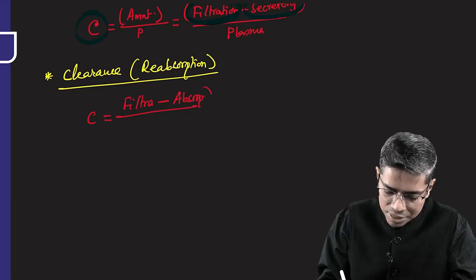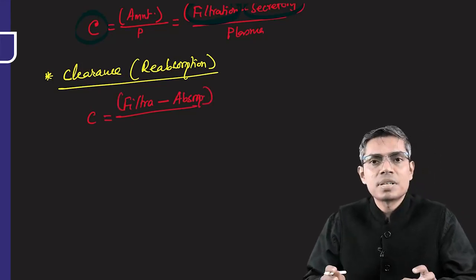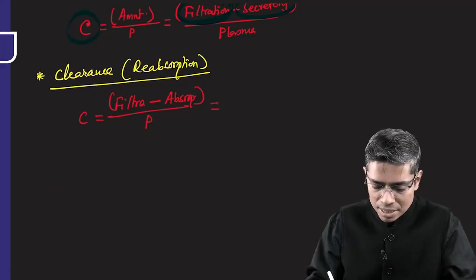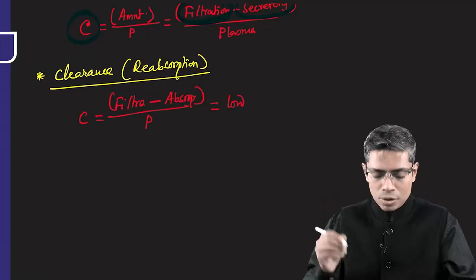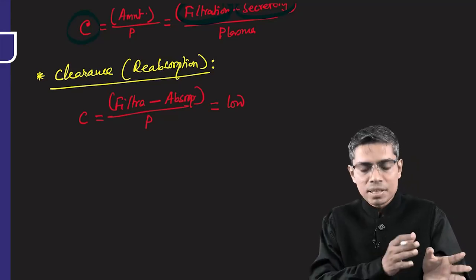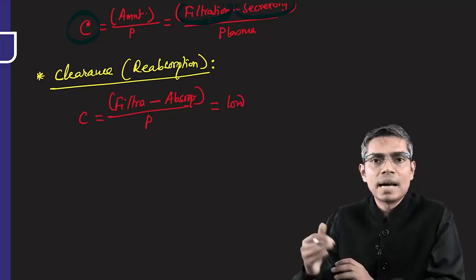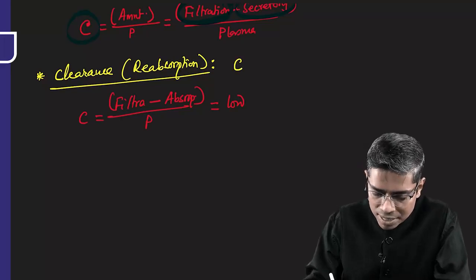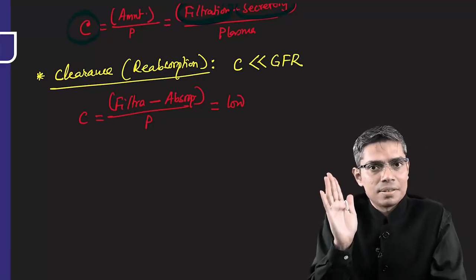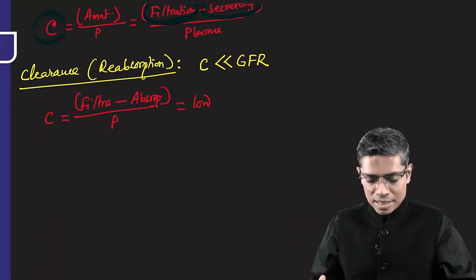So after filtration, a certain amount of the substance is getting reabsorbed upon your plasma concentration. So obviously the clearance will be low. So in these cases, if I measure the clearance of the substance which is getting reabsorbed and the clearance of inulin, obviously the clearance of these substances will be lesser than that of the GFR, lesser than the inulin clearance, right?